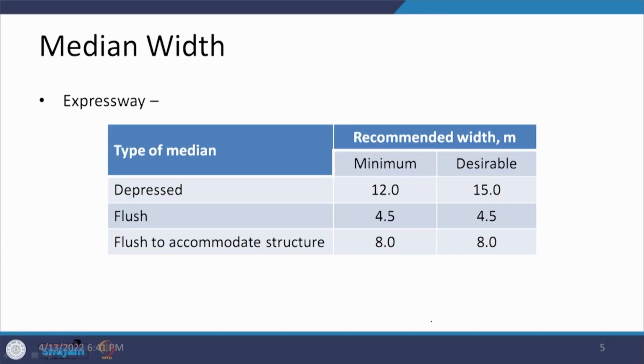If it is flush, then there is no possibility of taking the lane, so it is 4.5 meters only. And if there is a requirement that on this flush median some structure has to be accommodated, like a pair of overhead structures, then along with the clearances on the side of the columns, it is 8 meters. So, this is how we are taking the width in the case of expressways.